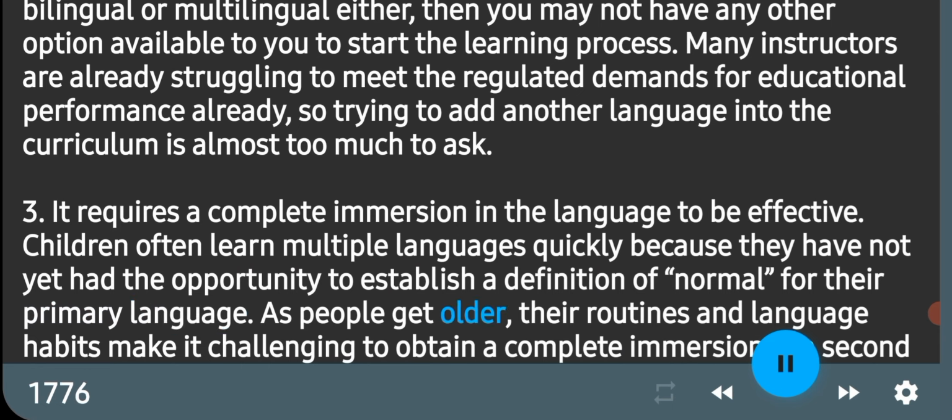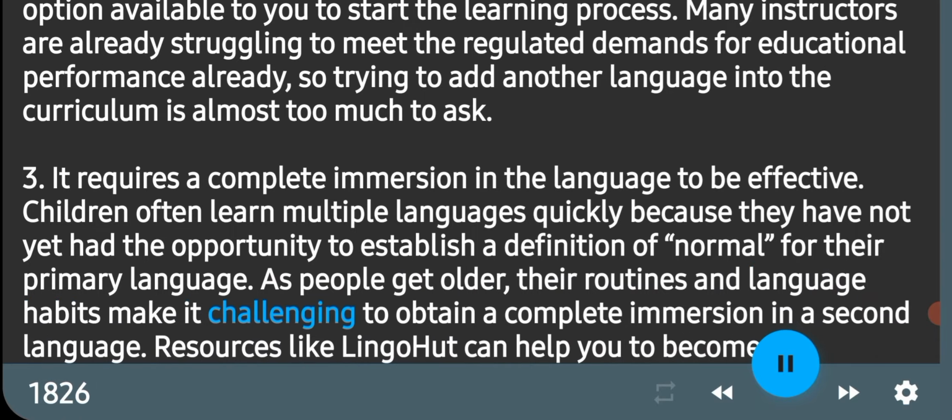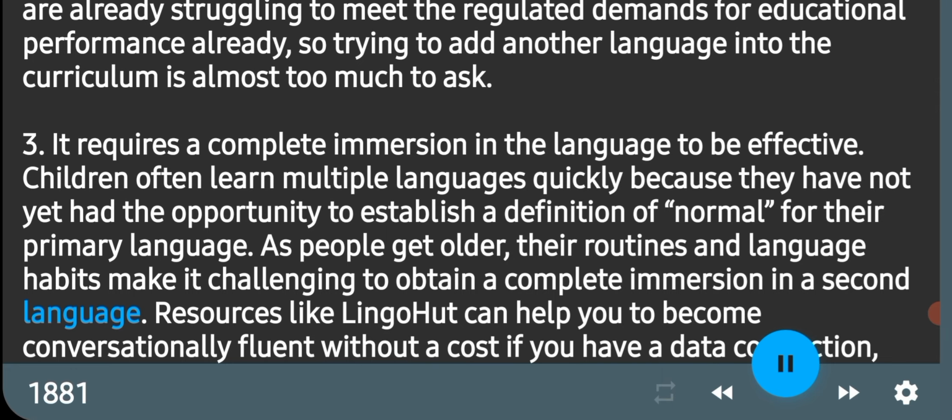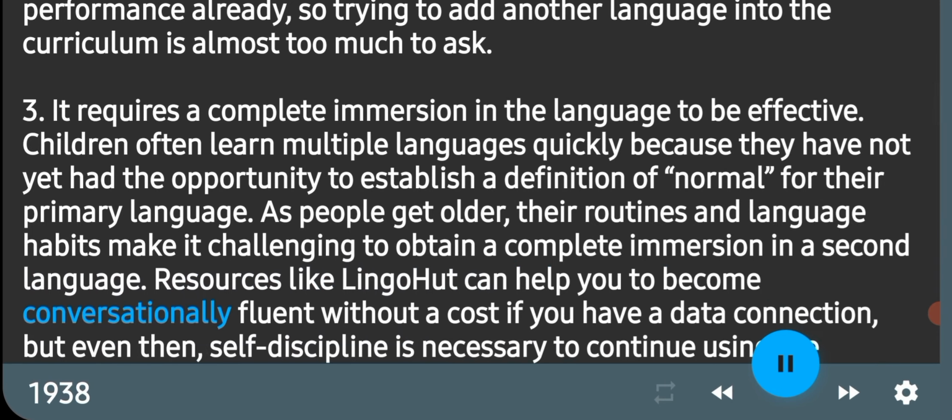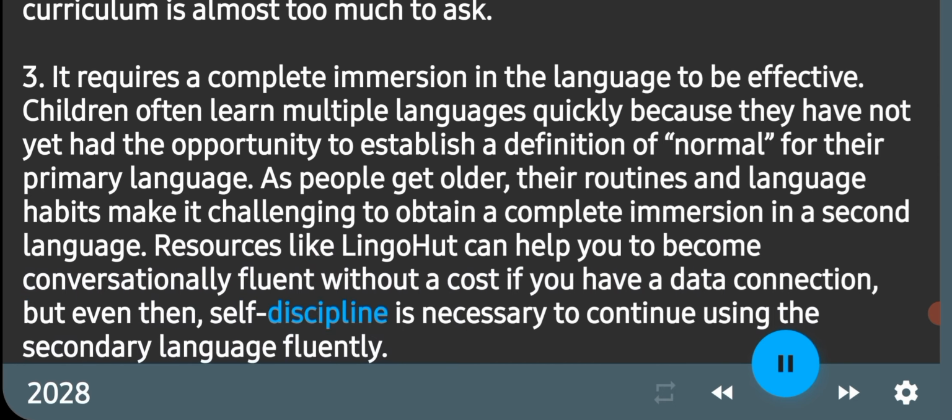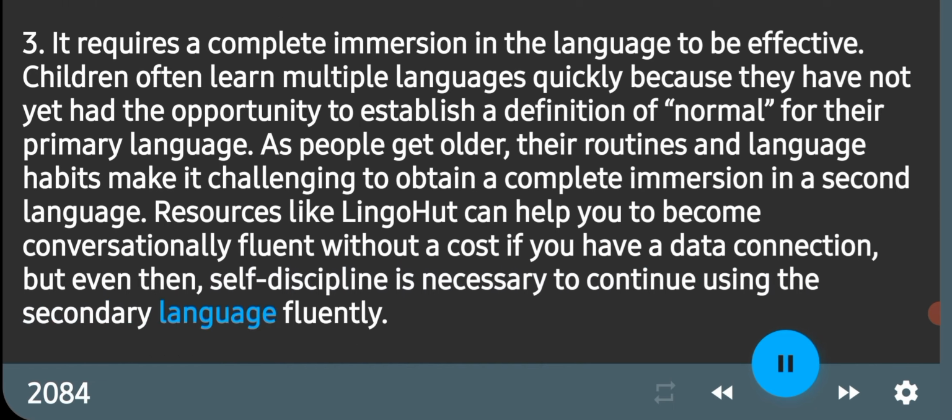As people get older, their routines and language habits make it challenging to obtain a complete immersion in a second language. Resources like Lingohoot can help you to become conversationally fluent without a cost if you have a data connection, but even then, self-discipline is necessary to continue using the secondary language fluently.